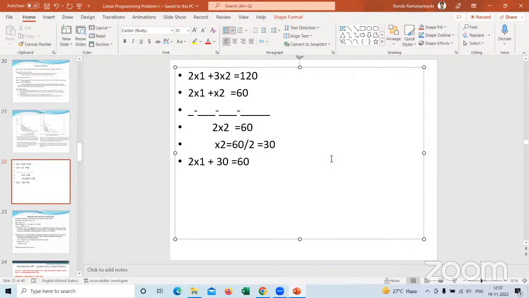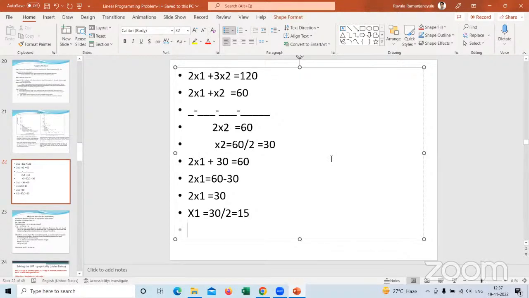If you take this equation, 2x1 equals 60 minus 30, right? Therefore 2x1 equals 30. Therefore x1 equals 30 divided by 2, that equals 15.